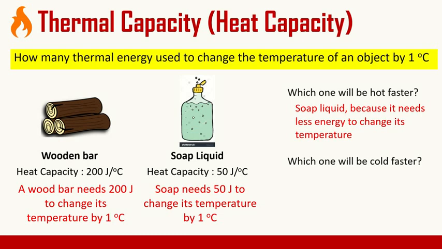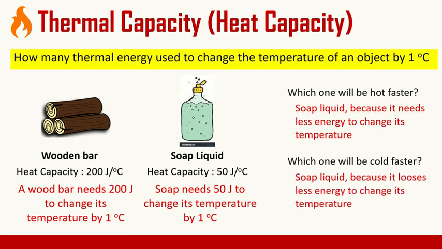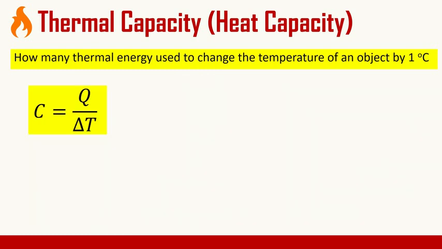If it is cooling down, it means it releases the heat. That means who will change temperature faster? It's going to be soap liquid, because it loses less energy, based on the heat capacity, to change its temperature. If you have any question, later you can ask me.